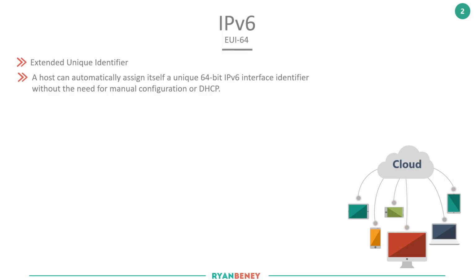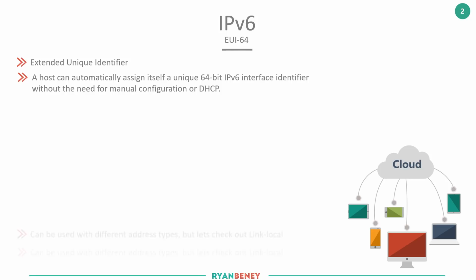As we know, a MAC address is assigned by the manufacturer to the NIC card as it's manufactured, and because of that we know that 9 out of 10 times this is going to be a unique number, and therefore IPv6 extends that unique number and uses it for its IP address, and that's what EUI 64 allows.